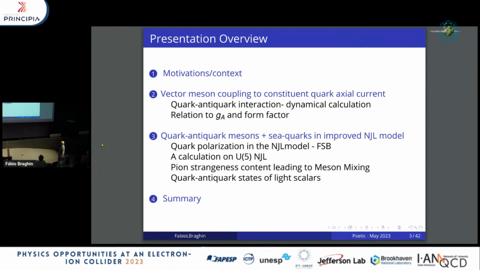That's a very well-known model for low energy QCD, and show different types of effects based on mixings between quark and meson. And then I will show some consequences of these mixings that happen at the sea-quark level. So this comes from an improved Nambu-Jona-Lasinio model.